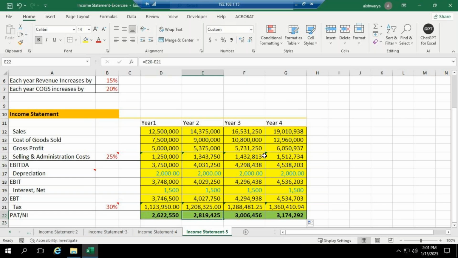Understood? So all the income statement exercises are done. Do you have any doubts, guys? No doubts?